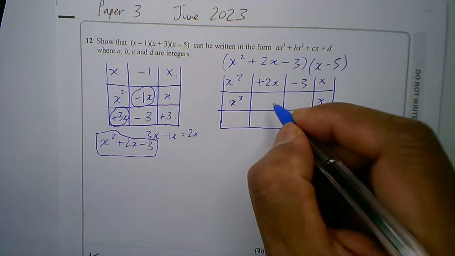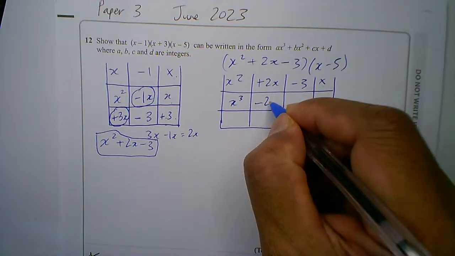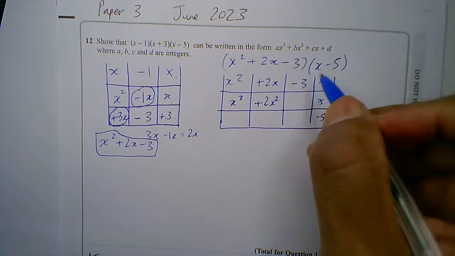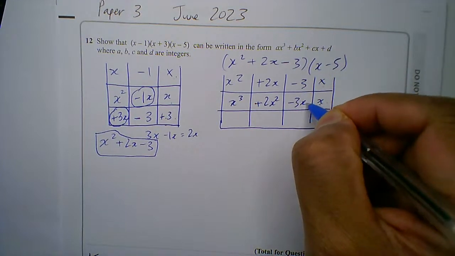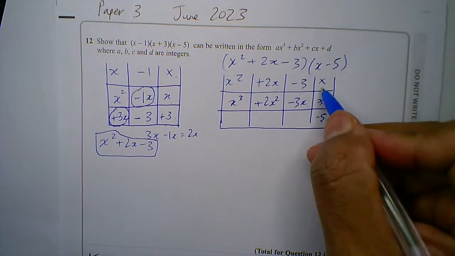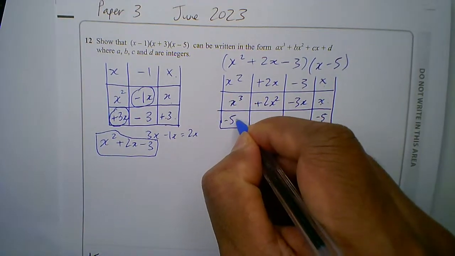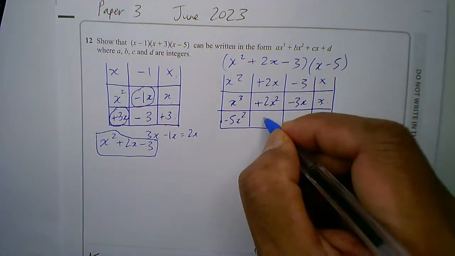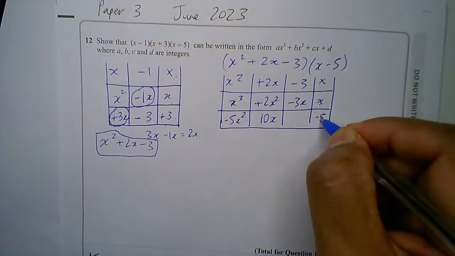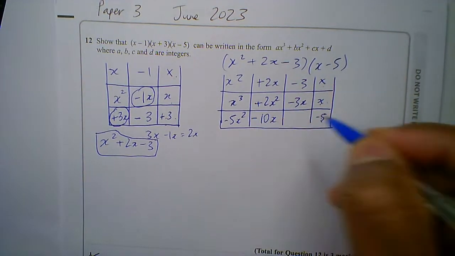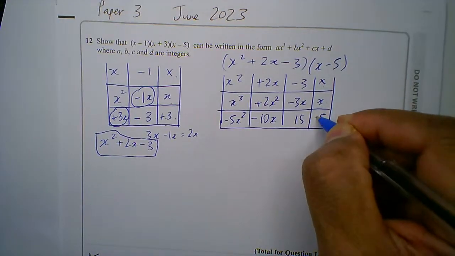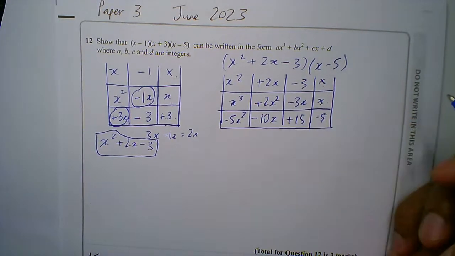X times 2x is 2x squared, and it's positive. X times minus 3 is minus 3x. Minus 5 times x squared is minus 5x squared. Minus 5 times 2x, so we've got 5 times 2 is 10, a negative and a positive is a negative. 5 times 3 is 15. A negative and a negative gives me a positive.